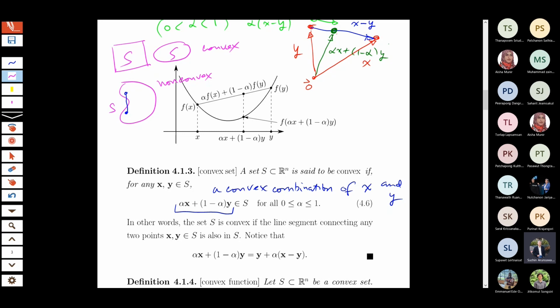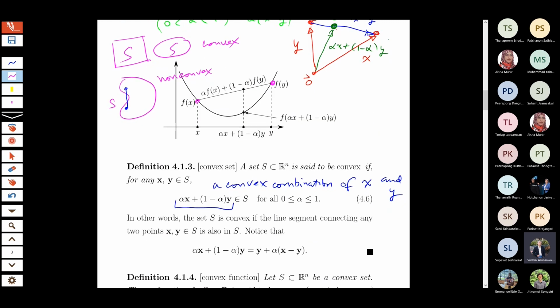Here you have the coordinate x and f(x), and this is where you have the coordinate y and f(y). Then you see the function f of a convex combination of x and y.